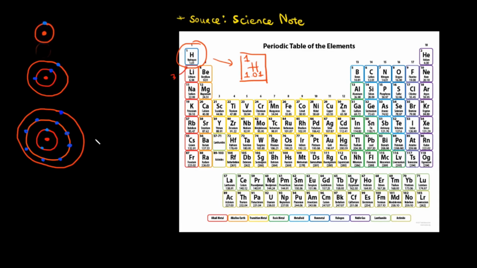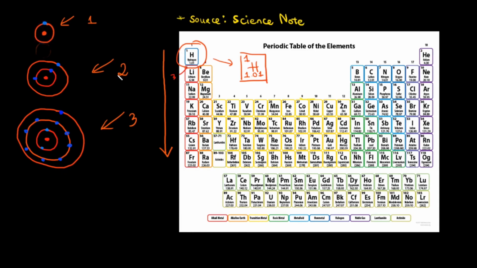What do you see as the general pattern of those 3 elements? Hydrogen has only 1 shell, lithium has 2 shells, and sodium has 3 shells. That shows that if you go down vertically in the periodic table, your element increases in size, or in radius.